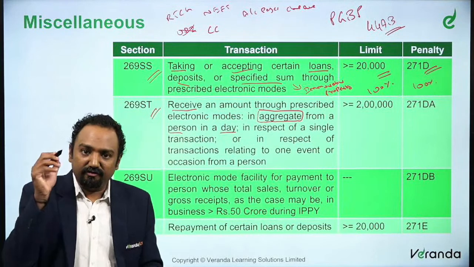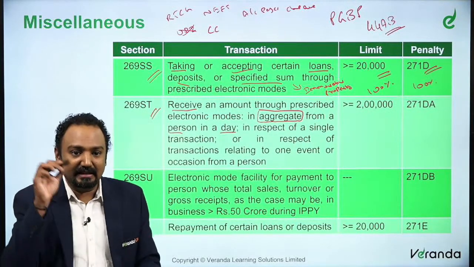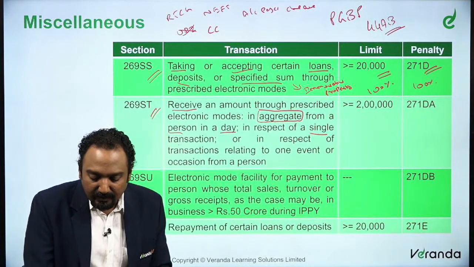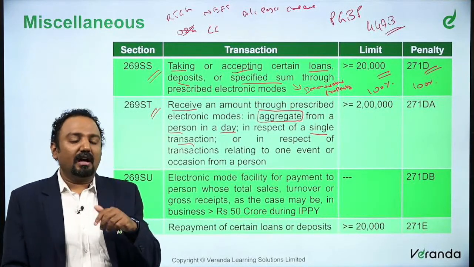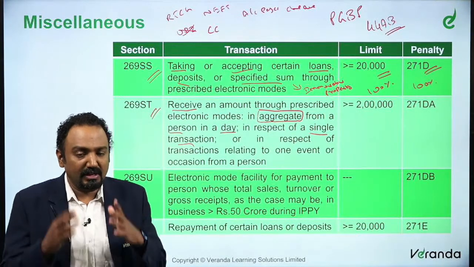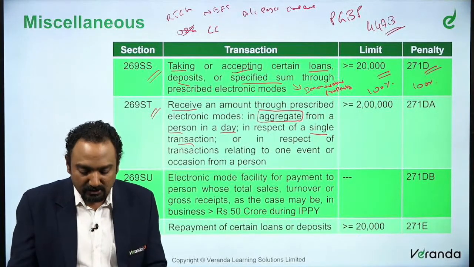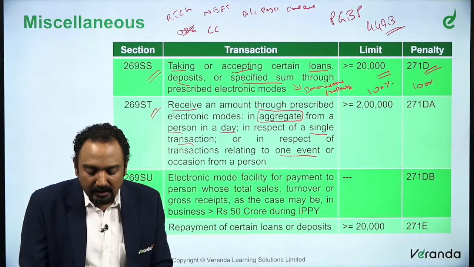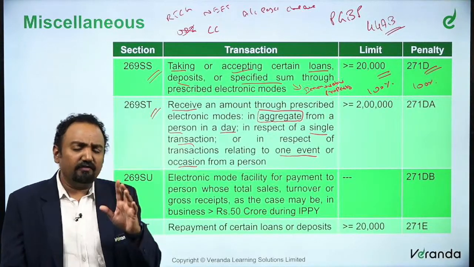So, aggregate from a person in a day, and then you have in respect of a single transaction, that is, in one transaction, it does not matter to whom you are paying, in one single transaction more than 2 lakhs is being provided, or in respect of transactions relating to one event or occasion from a particular person.